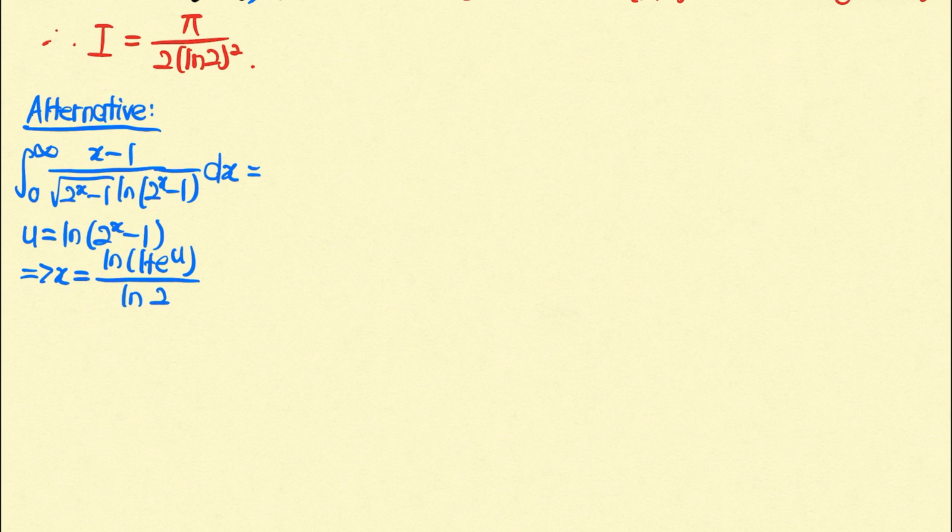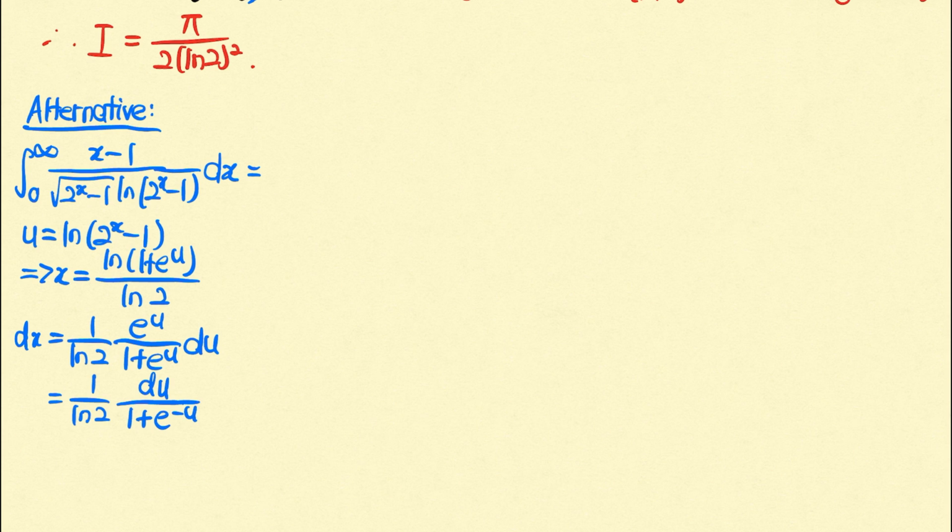And now we have that dx is the same thing as 1 over natural log of 2 times e^u over (1 plus e^u) du. And now I will write this term as 1 over natural log of 2 times du over (1 plus e^(negative u)). And you will see why I write it in this form.